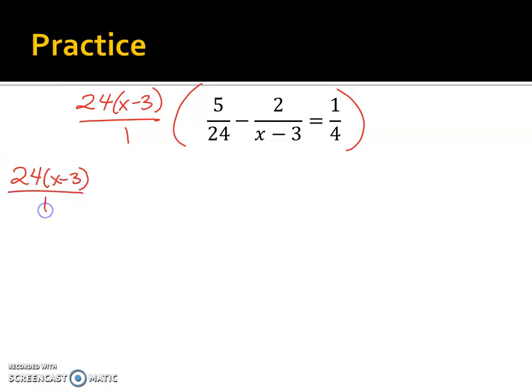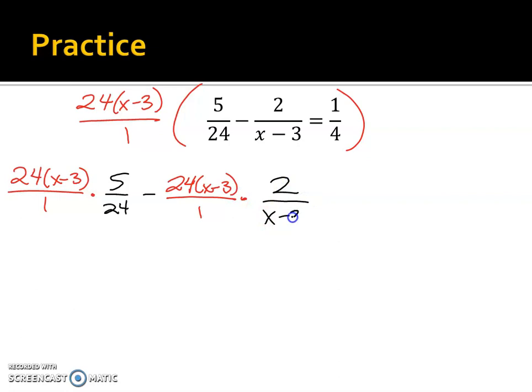We have our 24 times x minus 3 over 1 times 5 over 24, minus 24 times x minus 3 over 1 times 2 over x minus 3, and that equals 24 times x minus 3 over 1 times my 1/4. So that's showing how everything should be multiplied together there.